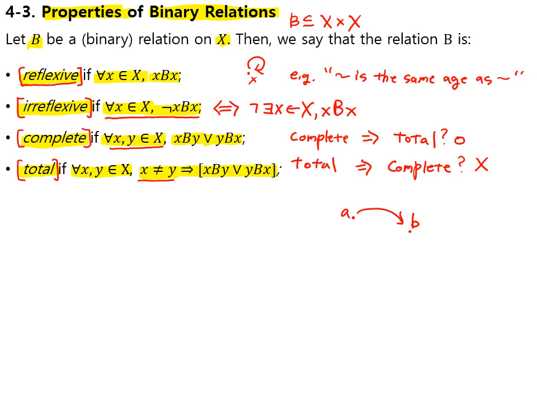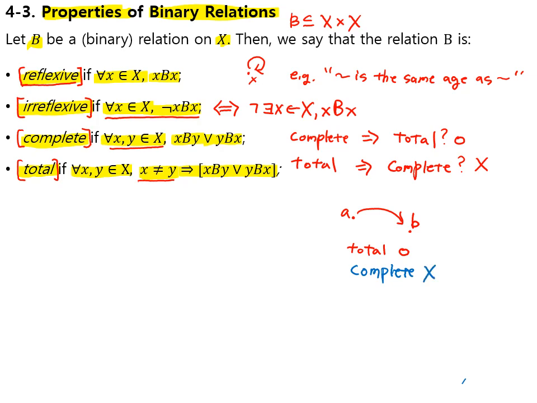And we have this relation here. We can see that this relation is total, because there are only two elements, and for the elements that are different, A and B, there is a relation between A and B. But we can see that it is not complete. Let's use blue.